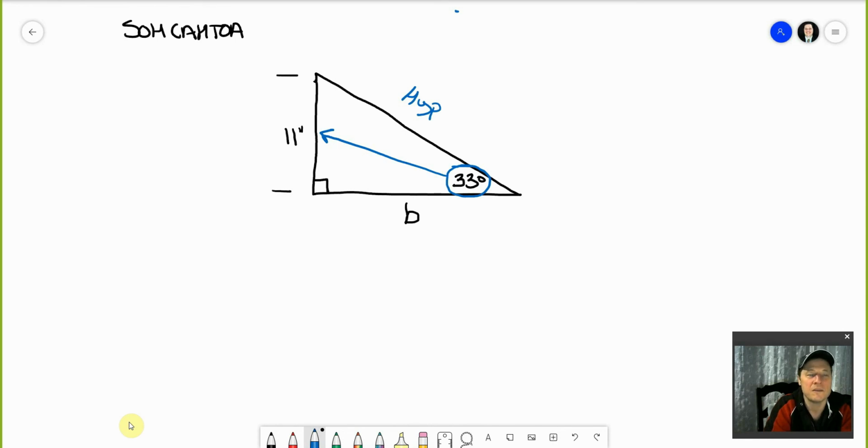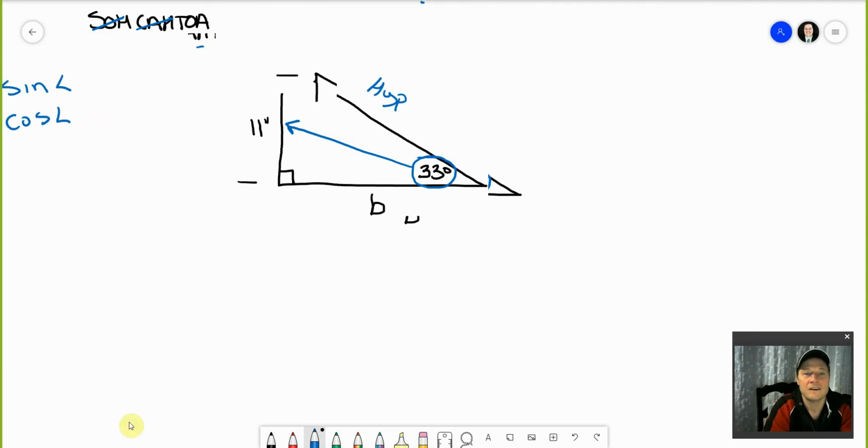Which formulas up here have hypotenuse in it? SOH and CAH. So sine of the angle and cosine of the angle. Since they both have hypotenuse, then we don't need to use them.